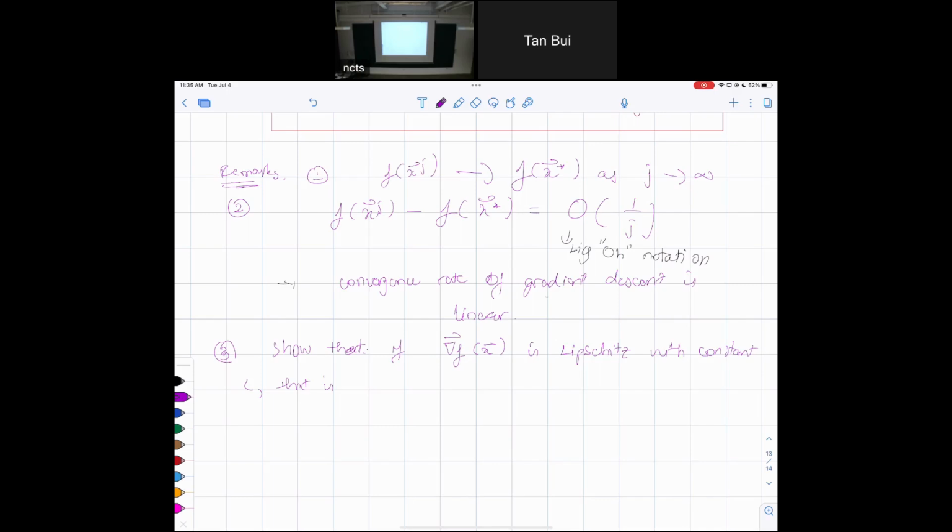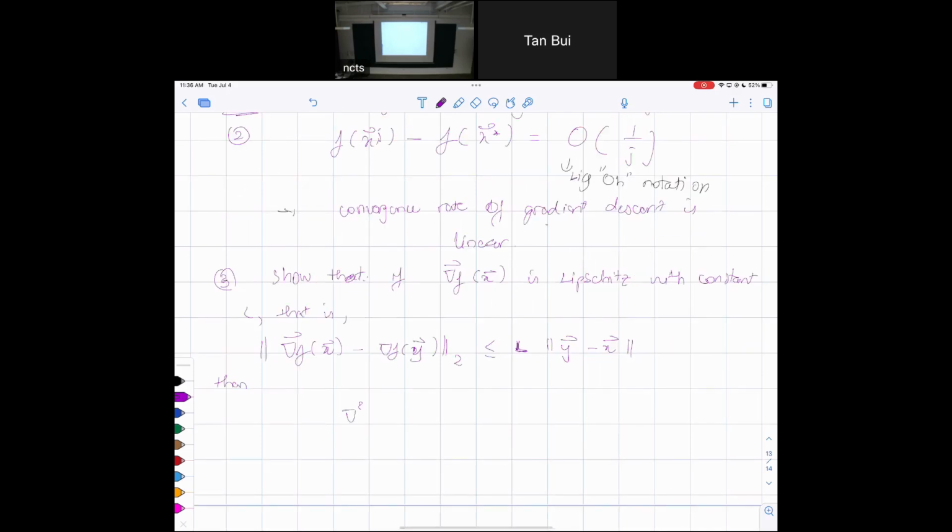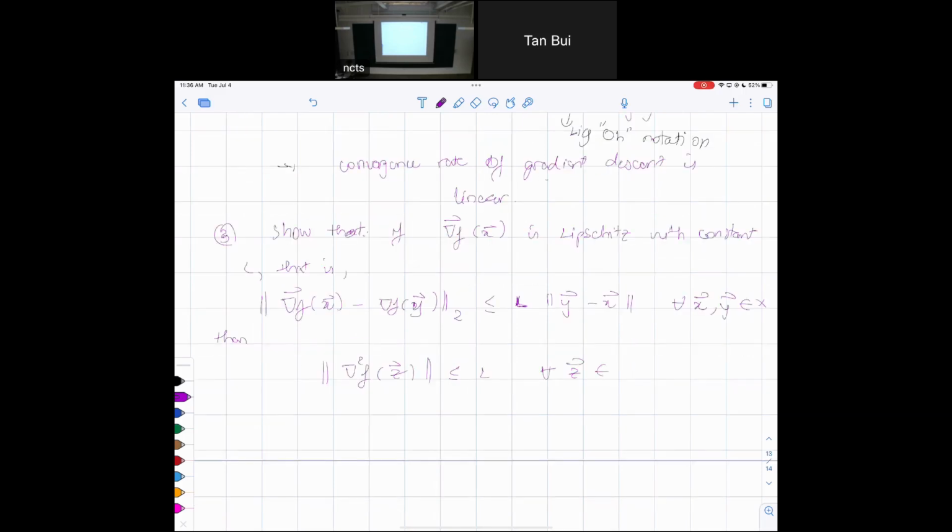This is a global Lipschitz condition for all x and y. Then the Hessian is bounded by L for all z in the domain. Of course f needs to be differentiable, so that the second derivative exists.